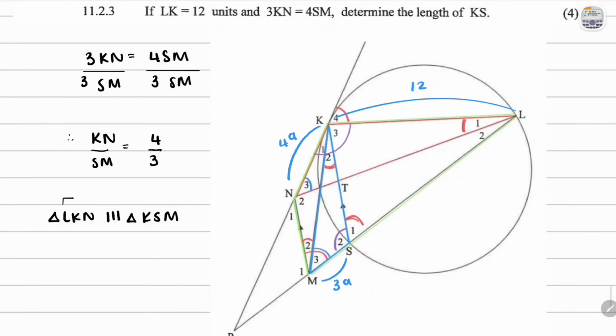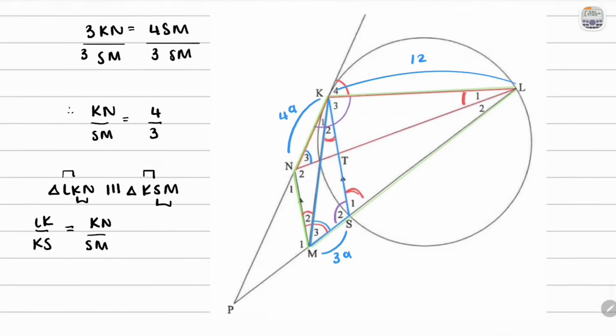Now, if you take LK, you have to take this over KS. So they are really in proportion. So we're saying over KS that this is equal to, and then what else did they give us? They gave us the ratio of KN and SM. So we're going to have to take KN. And as you can see, when you take K and N, then the corresponding side is SM indeed. Okay, so that's SM. And that's what we have here. We have KN and SM.